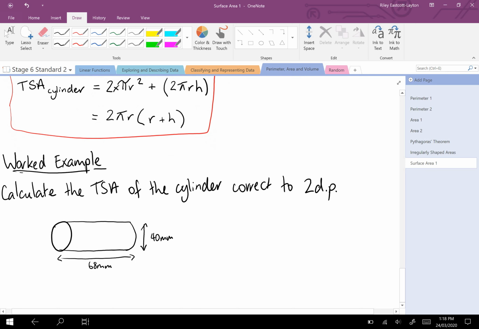We're going to get, let's break it down, A1, A2. A1 is the circle, and we know the area of a circle is pi r squared. It's going to be pi times by the radius, which in this case is going to be 40 over 2, or 20 millimeters squared.